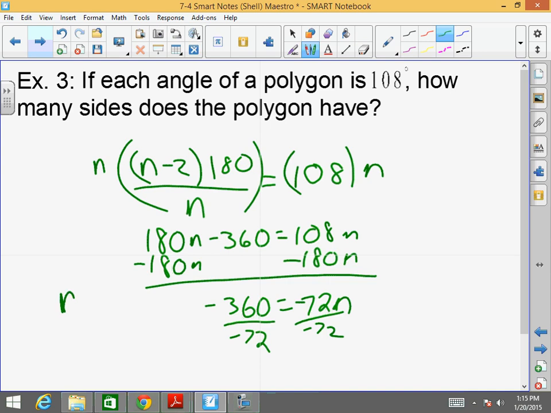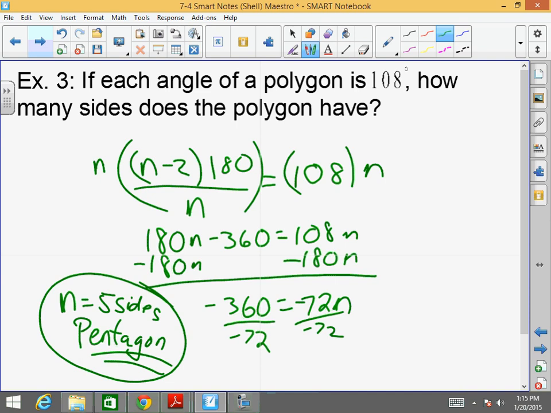So n equals 5. So that would be a pentagon. They asked for only sides, so the real answer would be 5 sides. But I just went a little further. The name of that 5-sided polygon would be a pentagon.